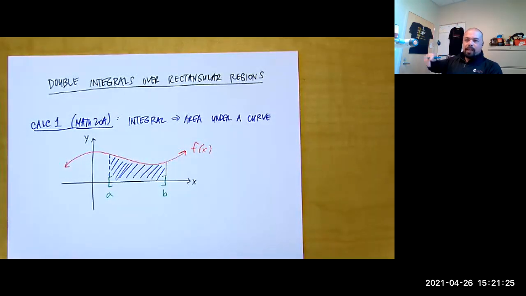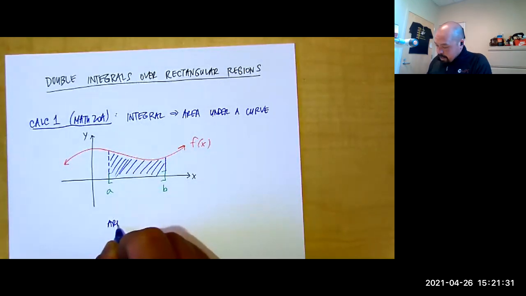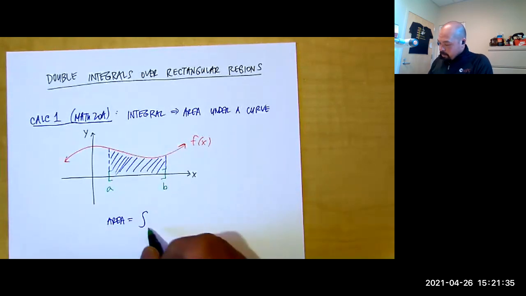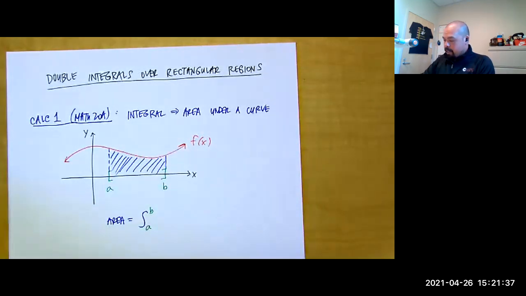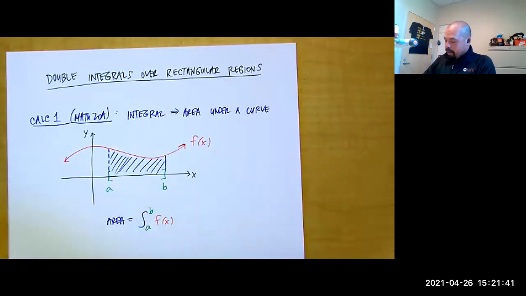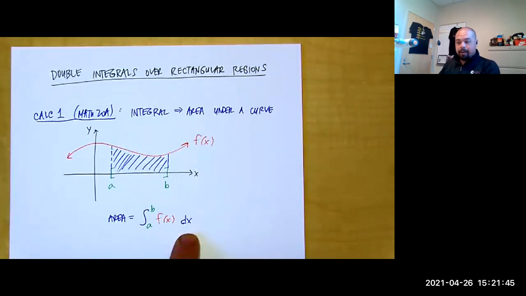And again, we could dip below the x-axis and have a negative result, right? But we would say that that area is equal to this integral from a to b of our function f of x dx, right, that integrating factor.